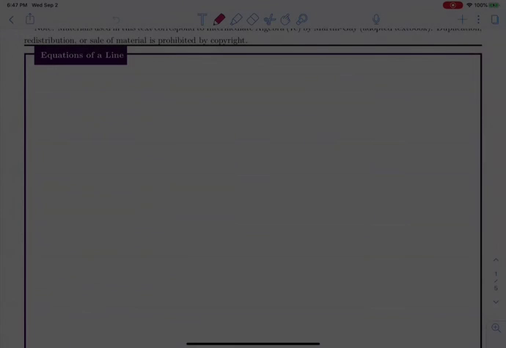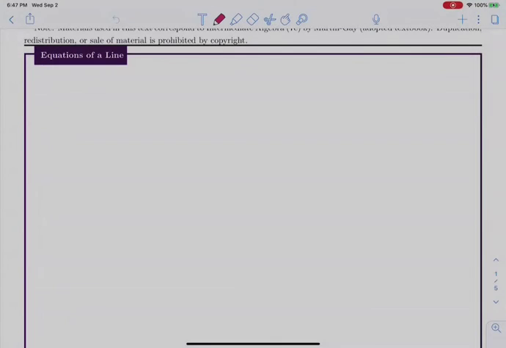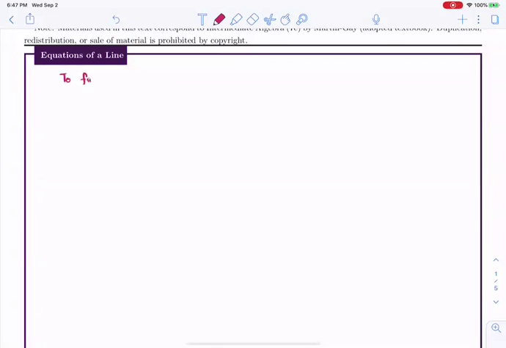Okay, so first thing to know, to find the equation of a line, we must have 2 points.